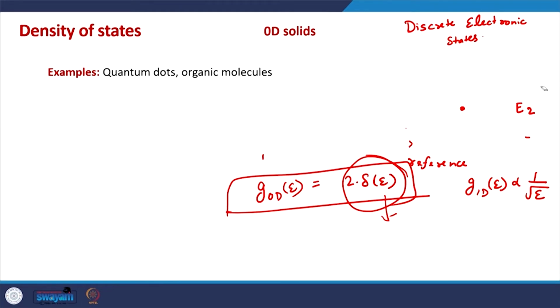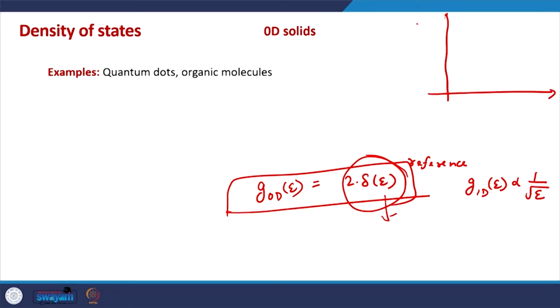It would be a decreasing function, because as the E value increases, the density of states decreases. G1D of E as a function of E would be a decreasing kind of function like this. When energy values are very small, the density of states would be a large number. As the energy goes to higher values, this will be a small number.